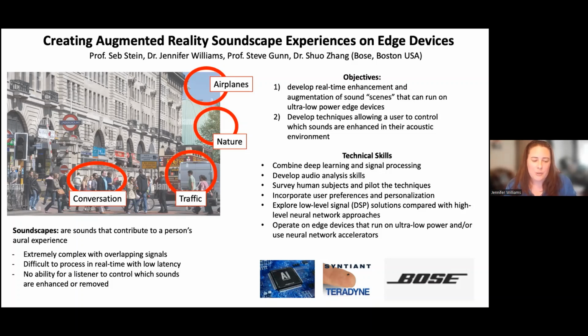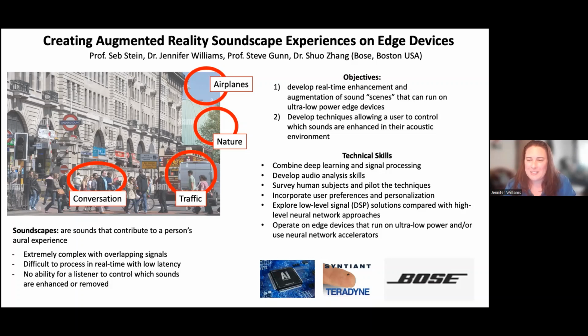And right now, there's no ability for a listener to control which sounds in their environment are enhanced and which are removed. We have technologies like noise cancellation and things like that, but we want to give the listener an opportunity to have finer control. For example, turn up the sound of nature and turn down the sound of traffic, or turn up the sound of traffic, right?